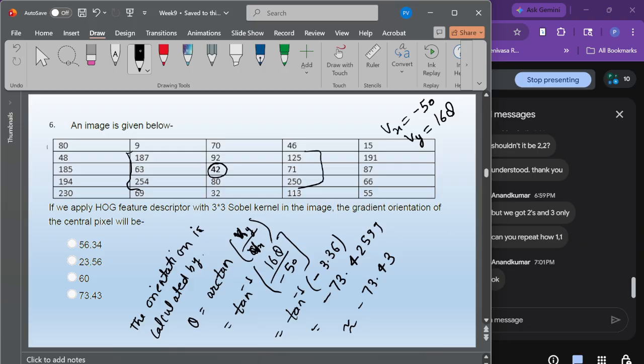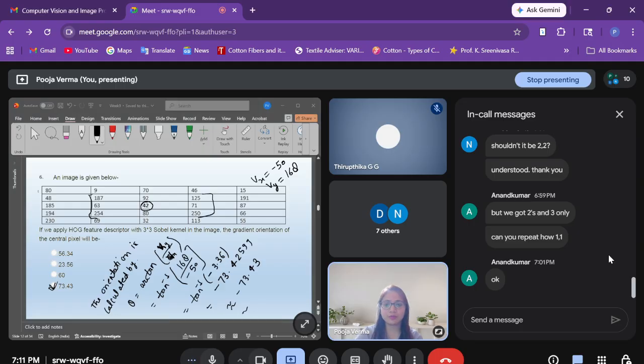So we will take it like a positive value. So 73.43 is the correct answer if you take the positive of this one. So is it fine to all of you? Okay.